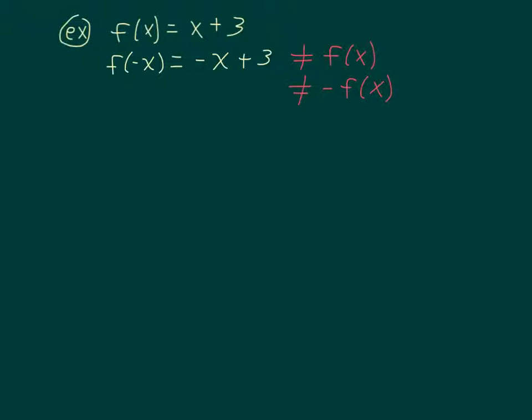A certain part of it is negated, but we don't have both terms negated, right? That 3 is not negated. So therefore, this is neither even nor odd. So you're not always guaranteed to have a function be either even or odd.